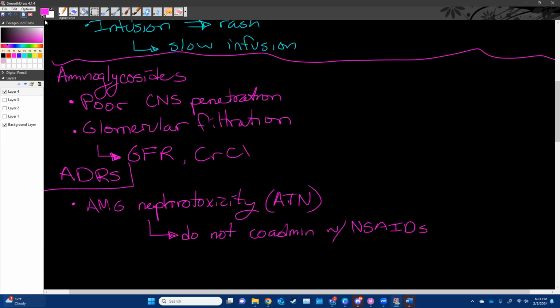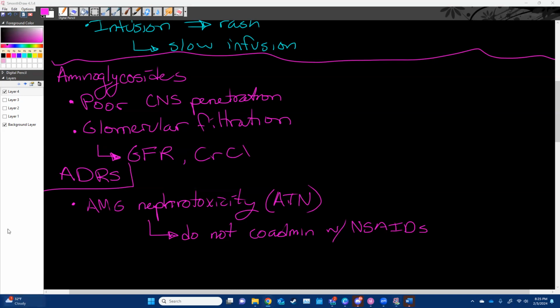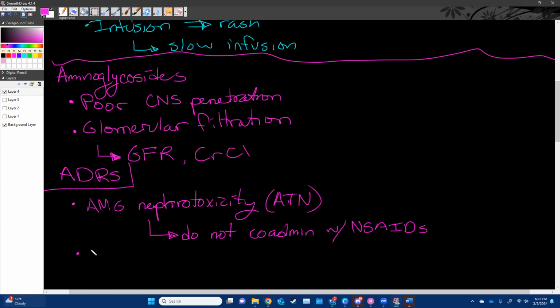All right. The other thing about them is their ability to collect in the vestibular system and cause an ototoxicity, especially when combined with loop diuretics.